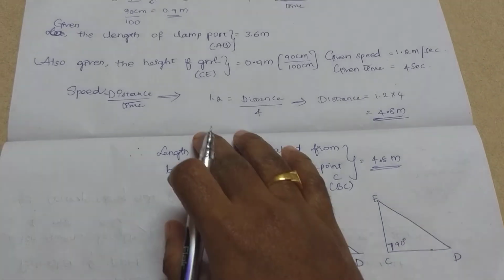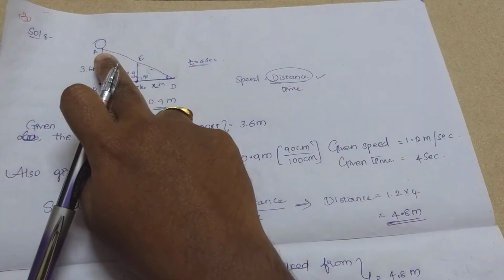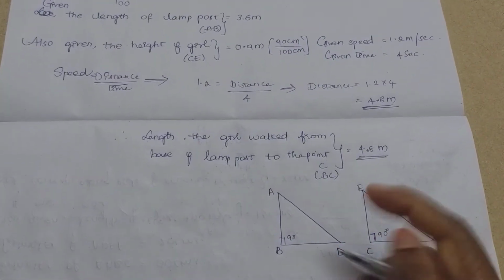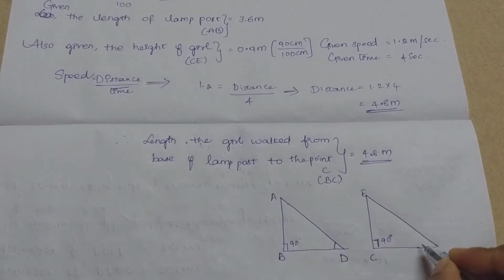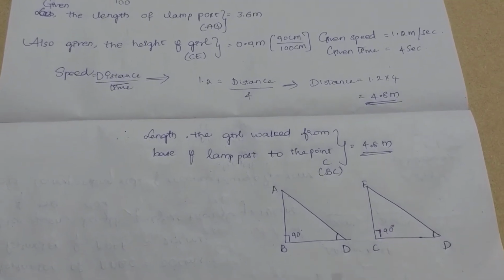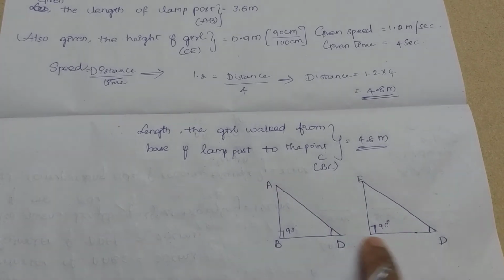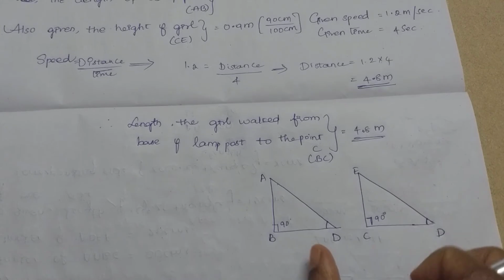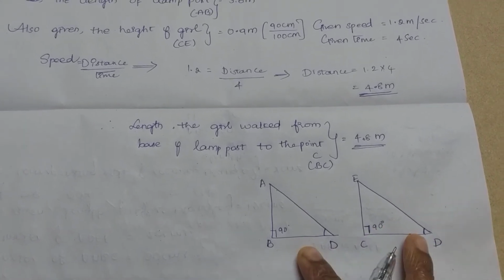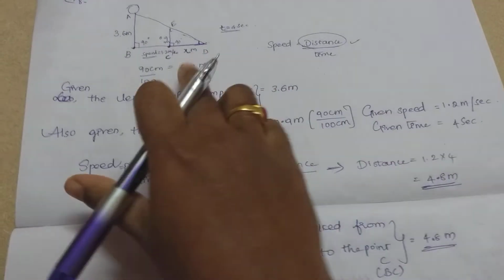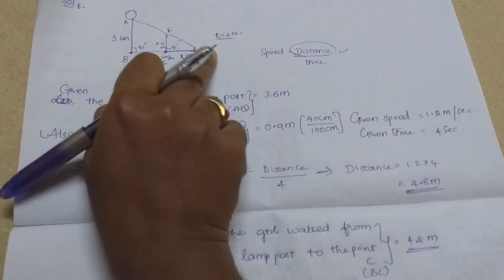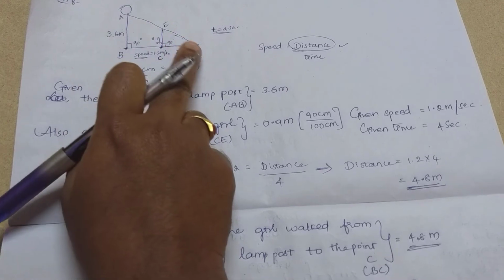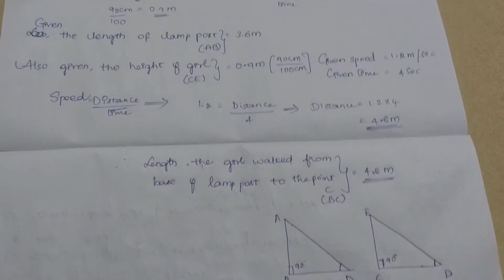And the lamp post rays are parallel, so the angle will be the same at point D. In both triangles ABD and ECD, we have 90 degrees and angle D is the same.